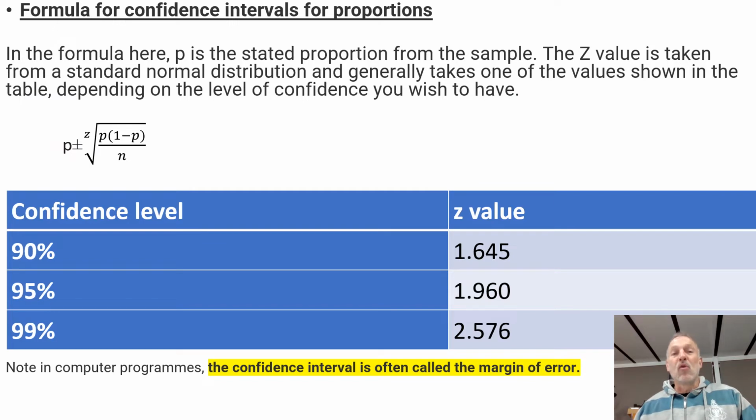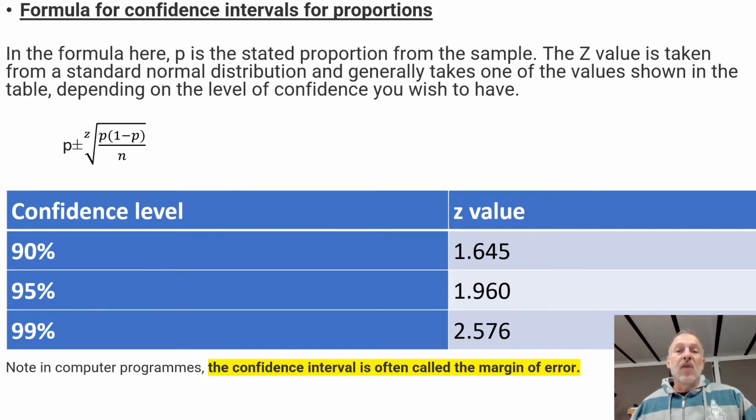The formula for confidence intervals for proportions. In the formula here, P is the stated proportion from the sample. You know what a proportion is. Say, for example, 10 out of 100 or 50 out of 1,000 or 550 out of 1,000, whatever it is. But that's a proportion.